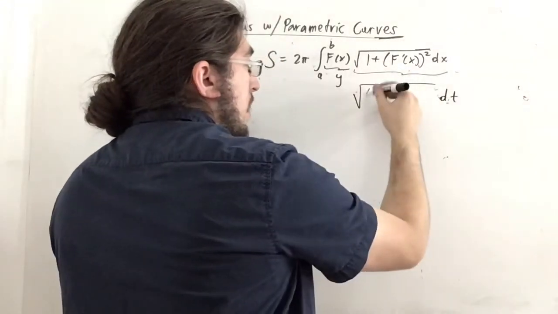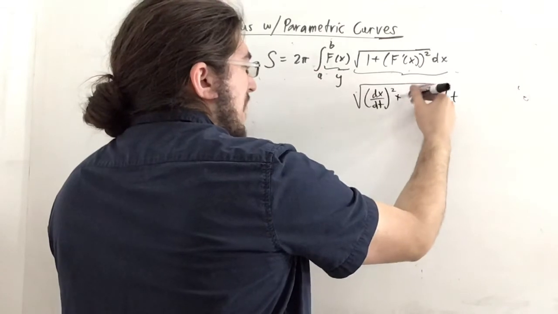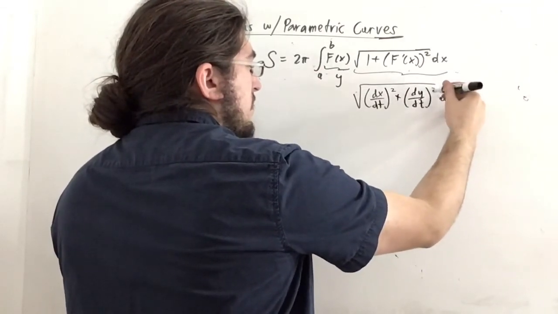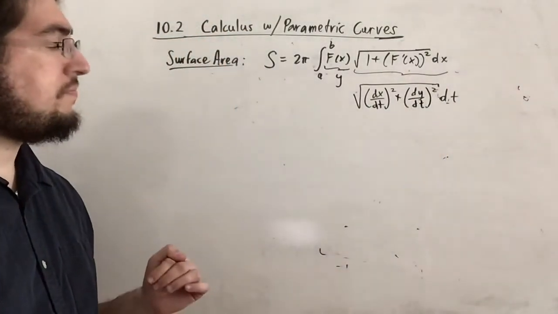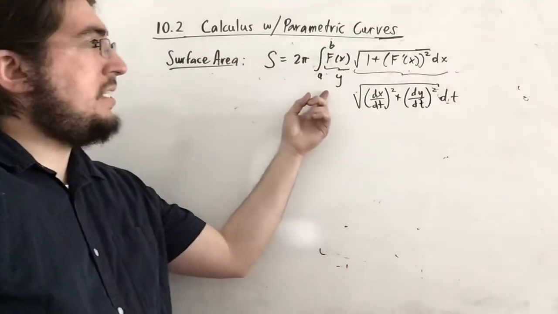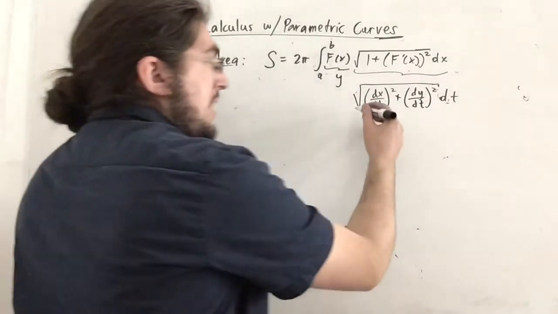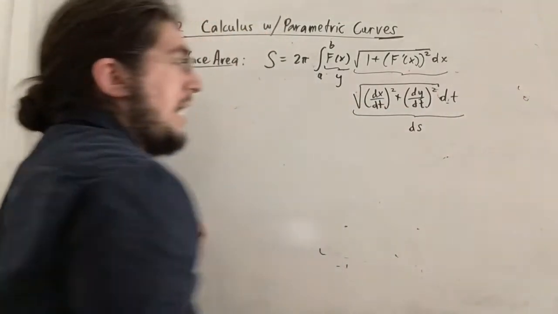The square root of dx over dt all squared plus dy over dt all squared, and then the dt outside of the square root. Okay, great. And this is just y. So y is going to be a function of t. And what you can actually do is call this ds.